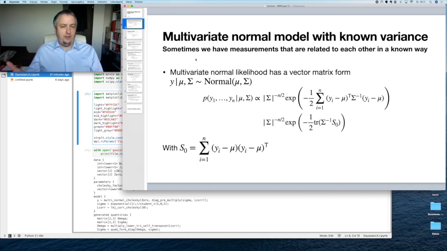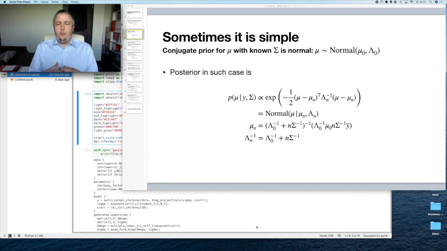The most known application of the multivariate normal distribution is of course Gaussian processes, which we will be covering later in this course.